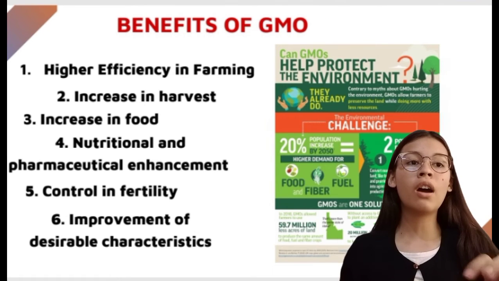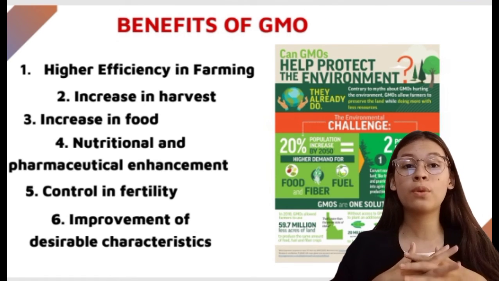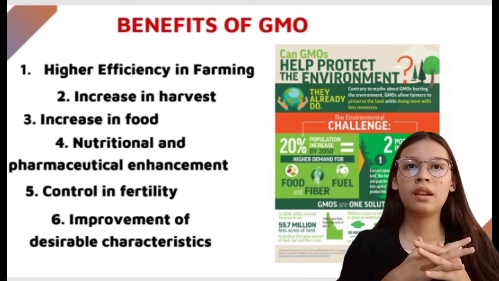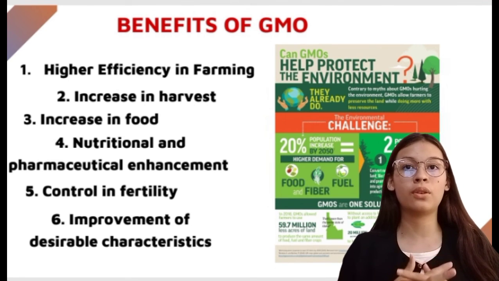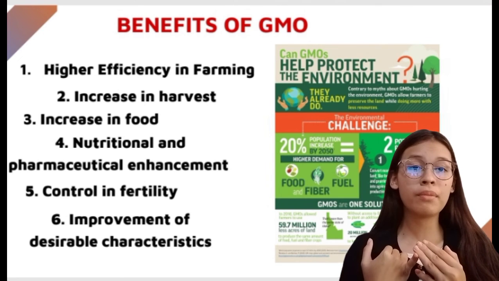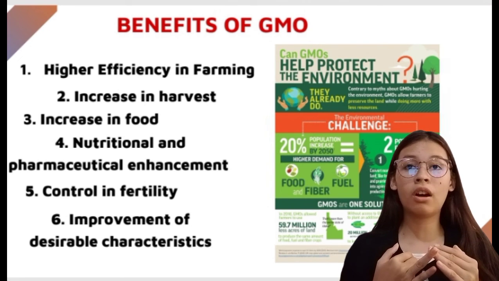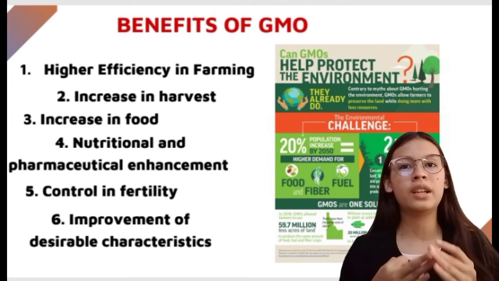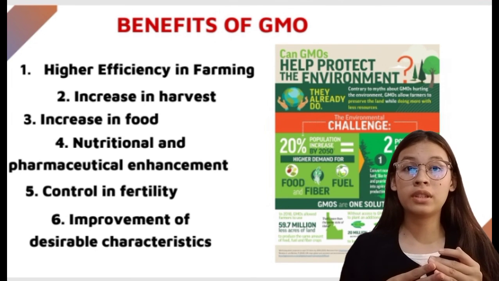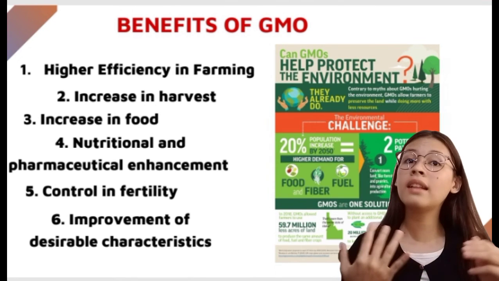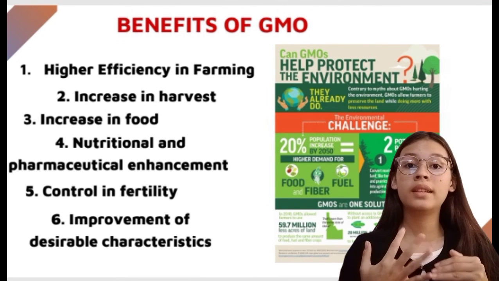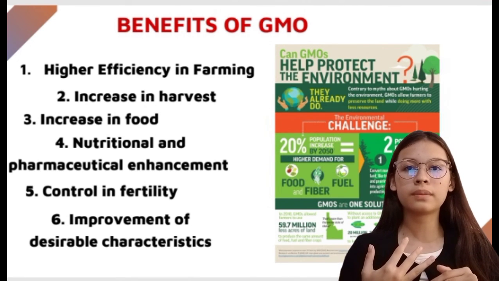So if there are risks, there are also benefits. So the following are the benefits of genetically modified organisms. So higher efficiency in farming, increase in harvest, increase in food, nutritional and pharmaceutical enhancement, control in fertility, and improvement of desirable characteristics.